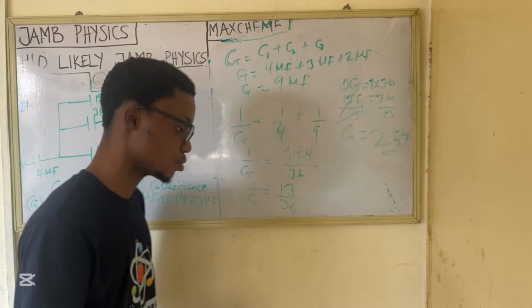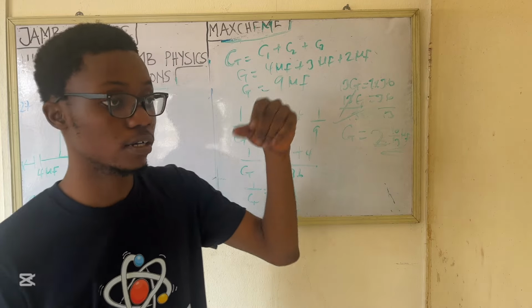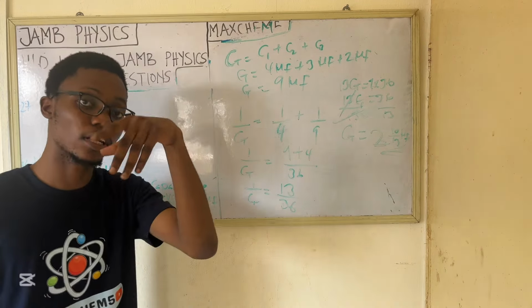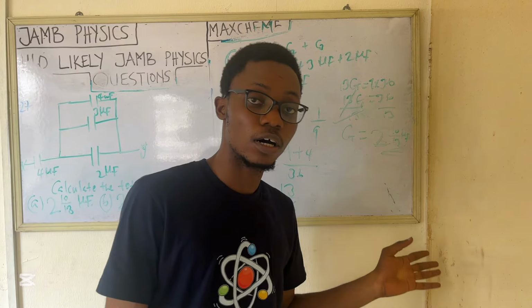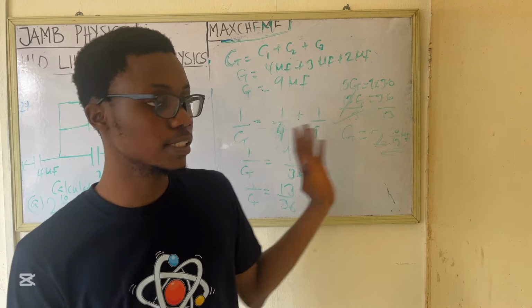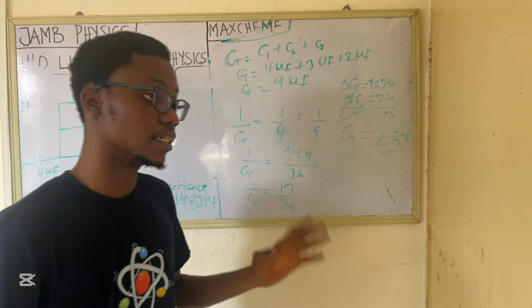For resistors in parallel, you have 1 over R total equals 1 over R1 plus 1 over R2. That is the total resistance. But for the series arrangement it is R1 plus R2, while in capacitance it is the reverse.